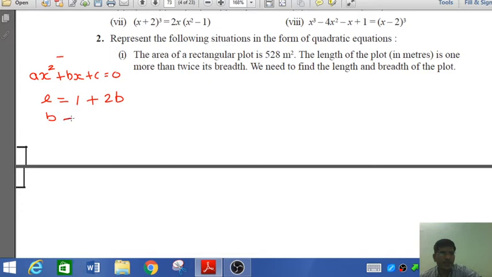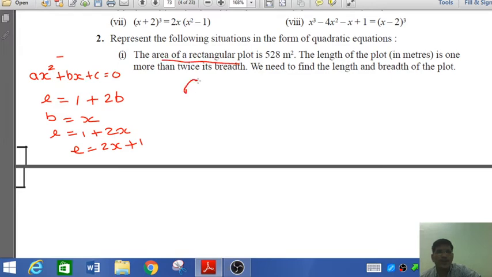Let breadth be equal to x. Then length is equal to 1 plus 2x, or L is equal to 2x plus 1.